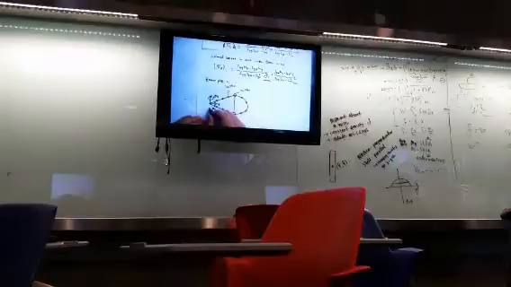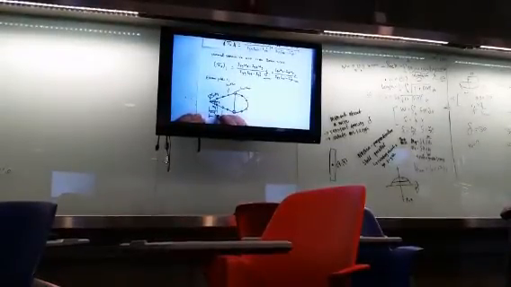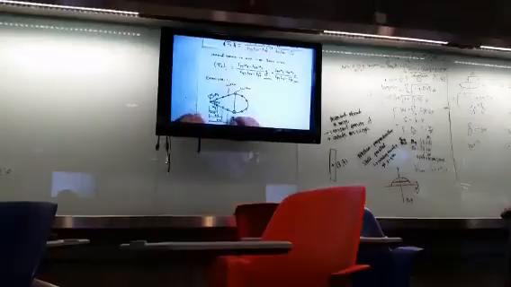And some geometry: from here to here is 0.25. From here to here is 0.5. From here to here is 0.75. From here to here is 1.